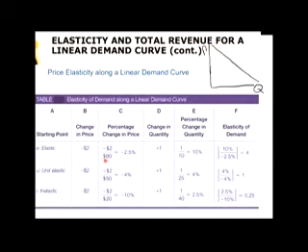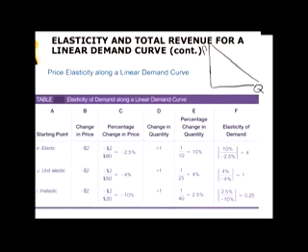So a $2 reduction is a relatively small percentage change. Now, when we look at the demand curve in this portion, quantities are relatively small. So a 1 unit increase in quantity is a relatively large percentage change. So we have a large change in quantity divided by a small change in price in percentage terms. That gives us an elastic demand curve.